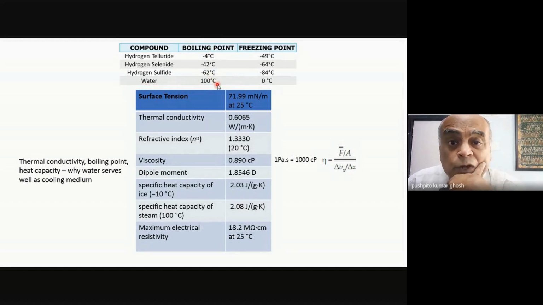It's got a boiling point of 100 degrees centigrade. It's just a massive change which is taking place. And why does it happen? What is the reason why water behaves so anomalously?